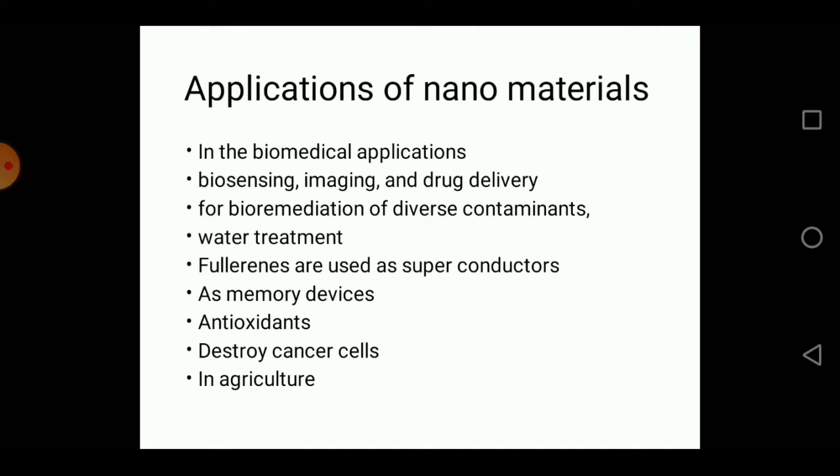Nanomaterials are also used as antioxidants. And also nanotechnology is used to destroy cancer cells. They will not leave any secondary effect on the body. That means they will kill only the cancer cells. They are cancer cell specific.